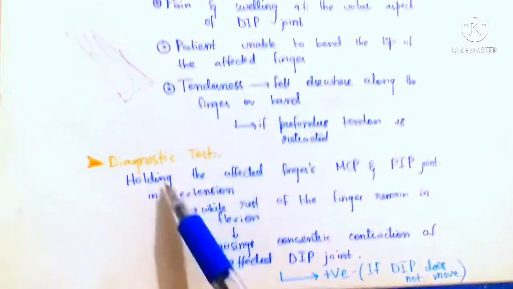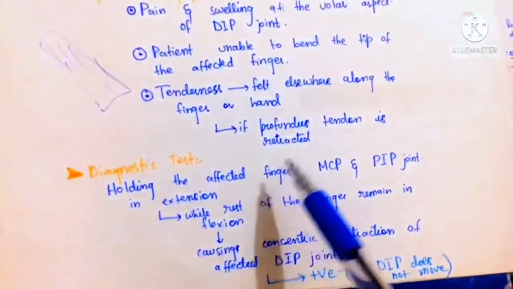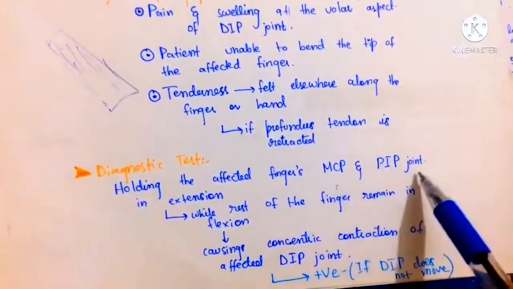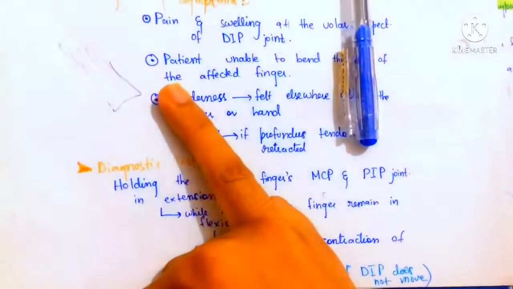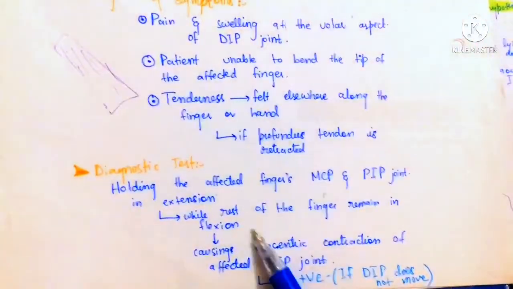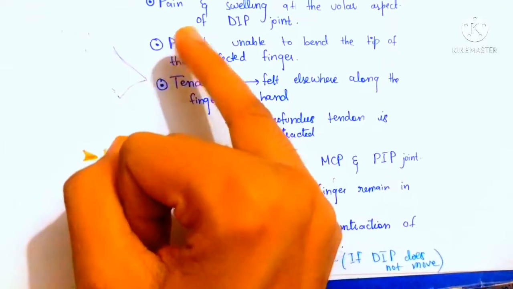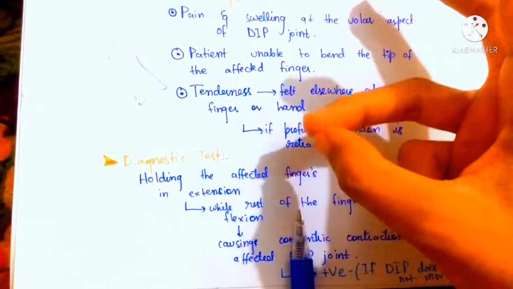Next is the diagnostic test. Basically, hold the MCP and PIP joints of the affected finger in extension, while the rest of the fingers remain in flexion. Then you want to perform flexion at the DIP joint.